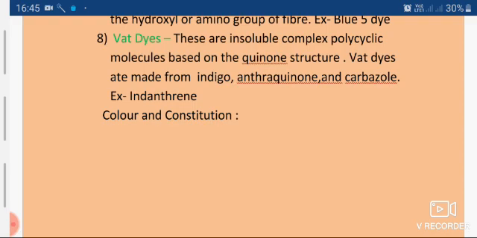So the vat dyes are made from indigo, anthraquinone, quinone and carbazole.